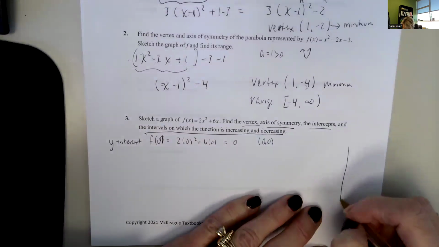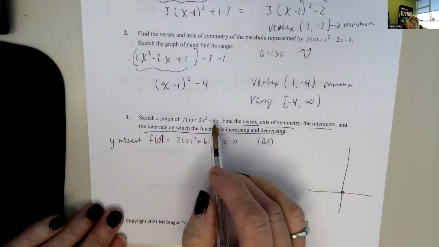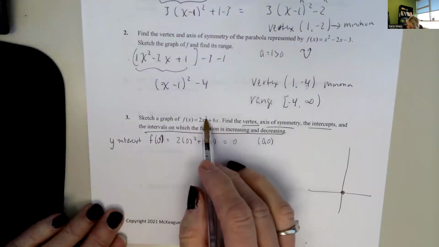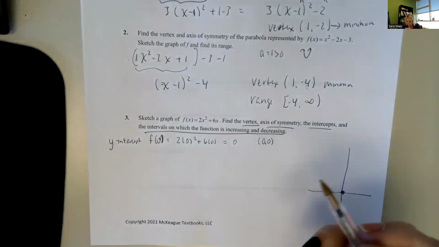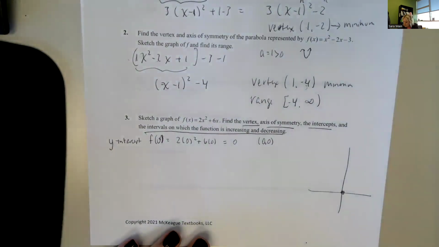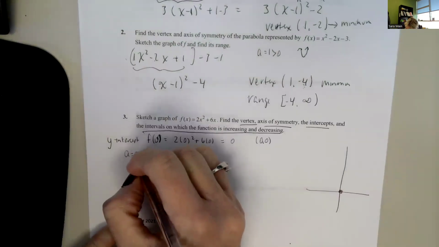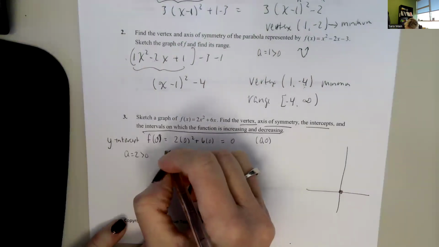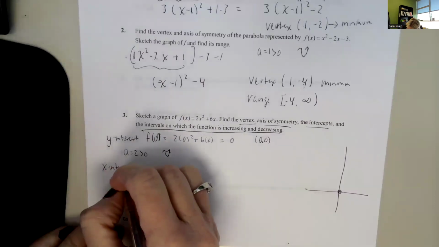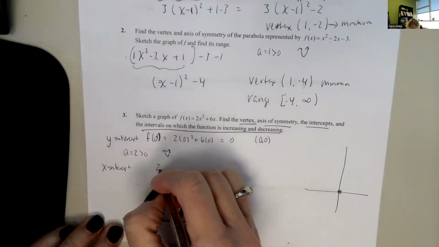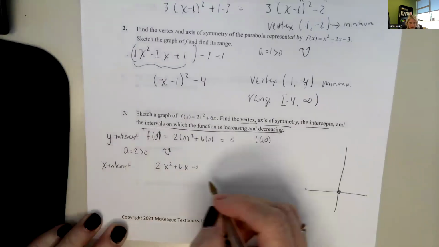And it says sketch a graph. We can do that just by our basic points here. It's a quadratic because the highest exponent is a 2, and a is 2, which is bigger than 0, so we know it's face up. To find our x-intercepts, I'm going to set my function equal to 0 and solve for x.